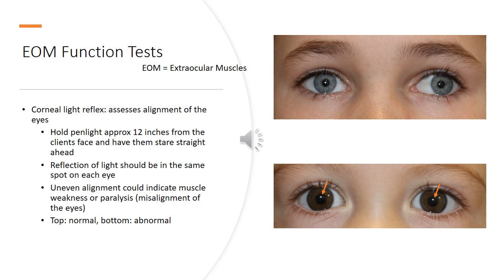On the top picture, you see that the light is reflecting in the same spot in both of the eyes, but in the bottom picture, the light reflection is off a little bit and it's not in the same spot. Whenever you have that uneven alignment, it can indicate a muscle weakness or even paralysis.